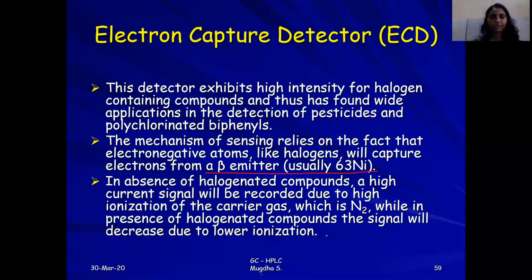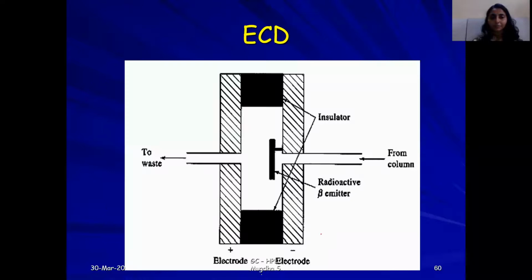So what exactly is happening here is, you have a radioactive material. If from the column there are no halogens coming inside, then there is gas present here which is continuously being ionized due to the electrons emitted from the beta emitter.